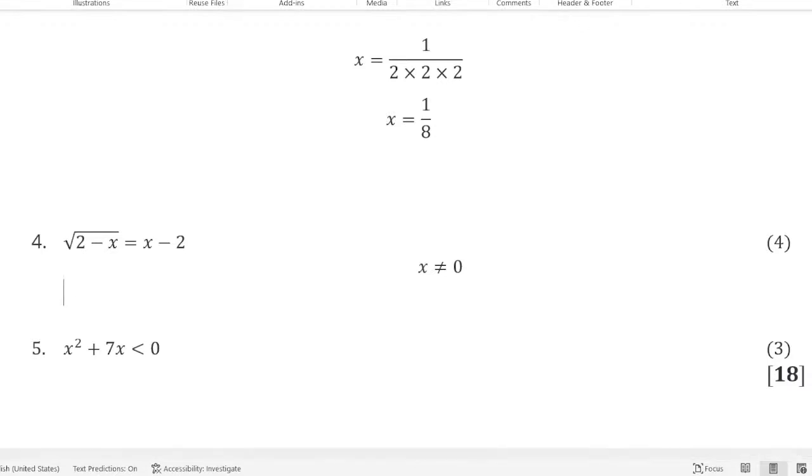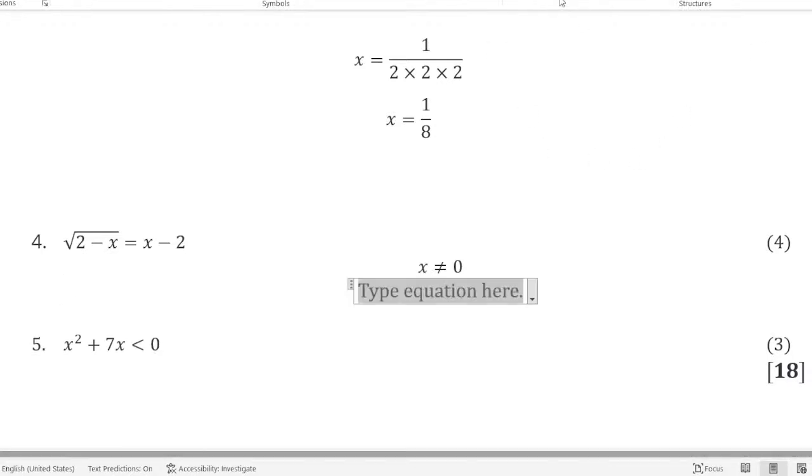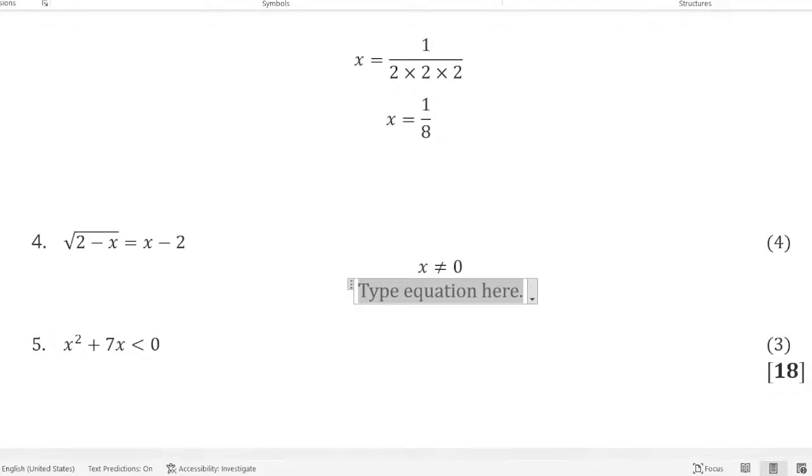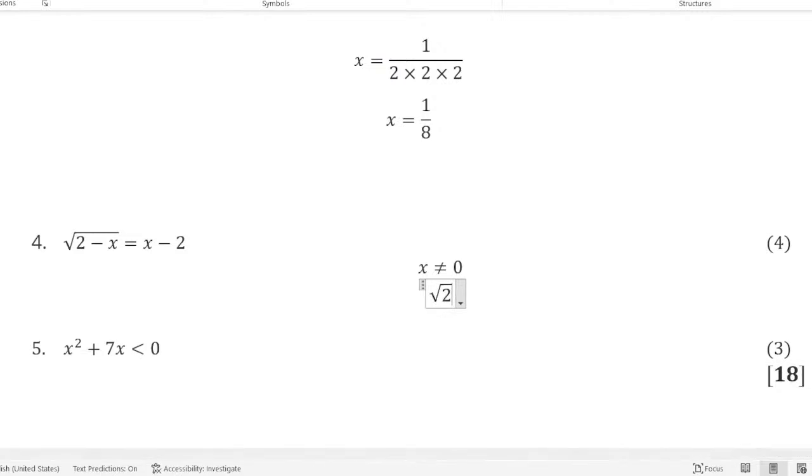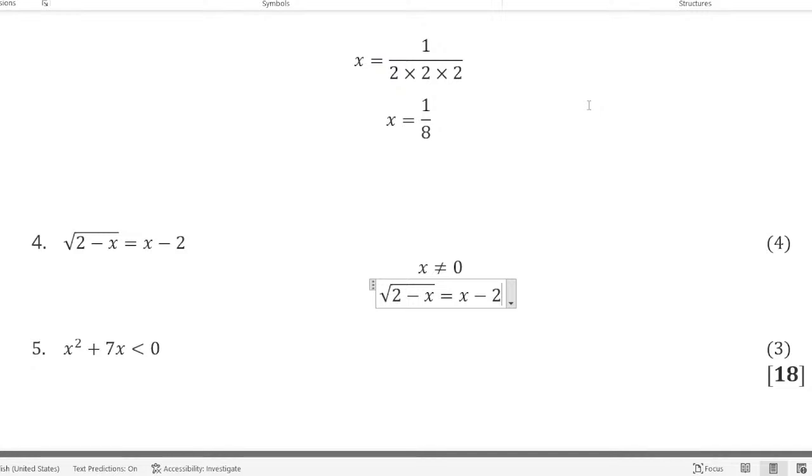So here we have the square root of 2 minus x is equal to x minus 2, right? Remember, when you're removing a square root, you have to square. So we're going to square the left hand side, everything that is under the square root.